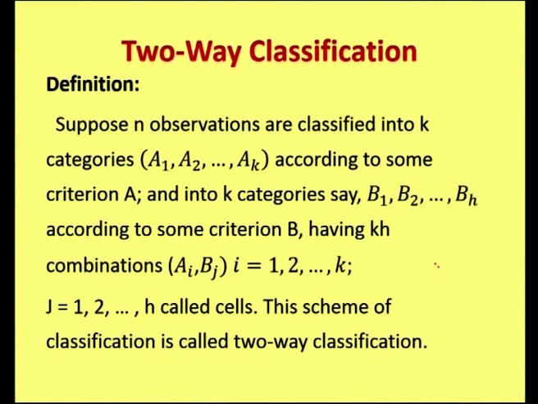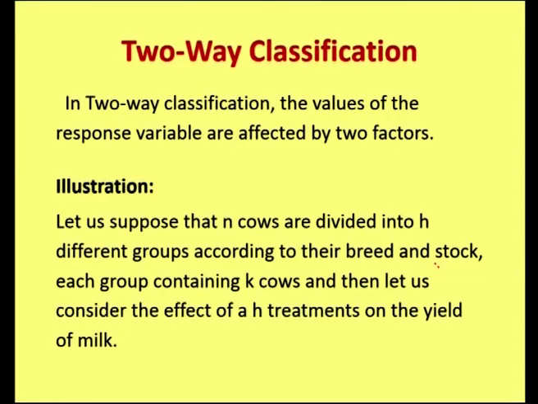Ai comma Bj is nothing but the cell. This scheme of classification is called two-way classification. Here i ranges from 1 to K and j ranges from 1 to H. And in two-way classification, the values of the response variable are affected by 2 factors.